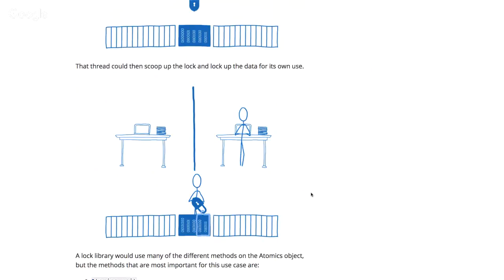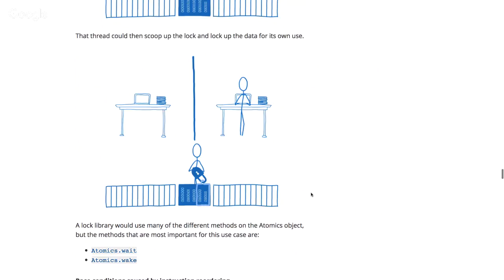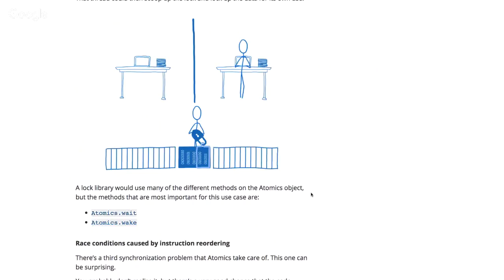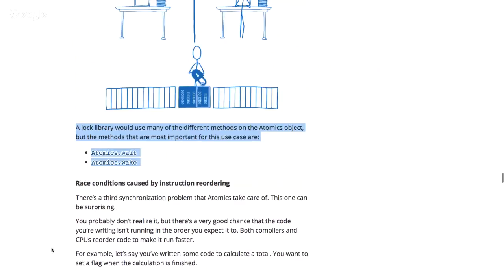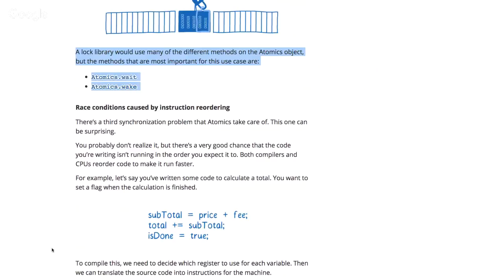A lock library would use many different methods on the atomics object. But the methods that are most important for this use case are atomics.wait and atomics.wake. So for lock libraries, it looks like the two most important methods are atomics.wait and atomics.wake.